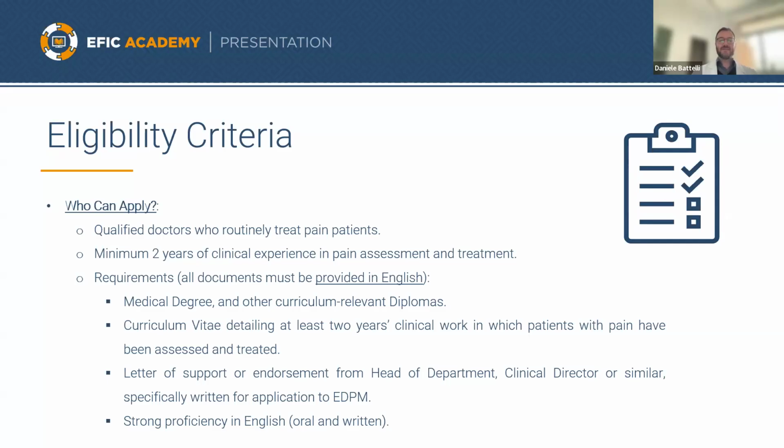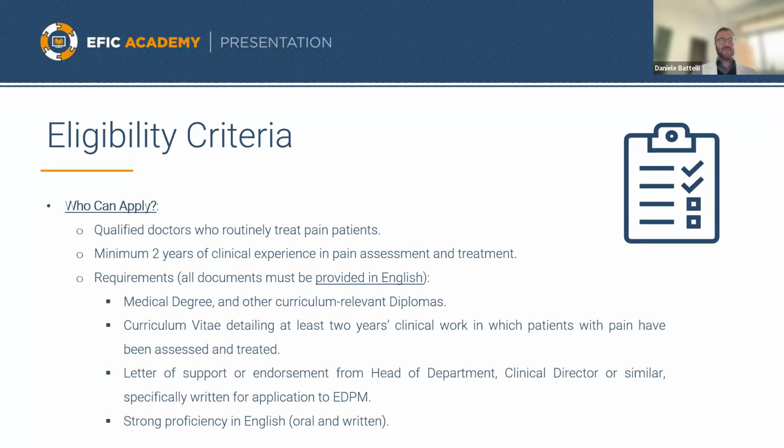So the examination is for young doctors with at least 2 years of clinical experience in the field of pain medicine, or for more experienced physicians that want to apply it for their professional qualification.